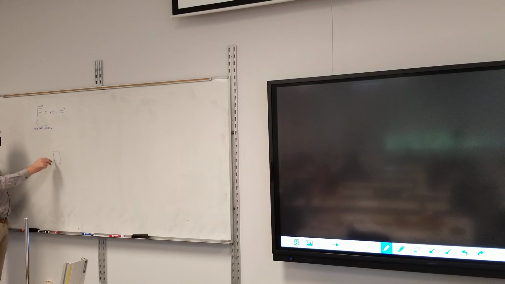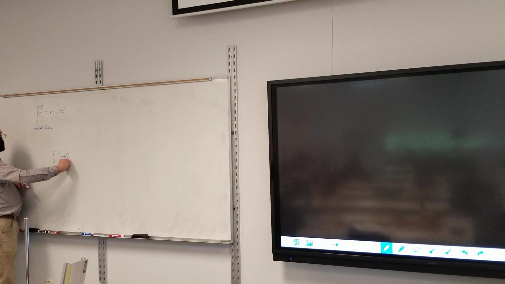So if I have an object right here that is moving in that direction, so velocity is in that direction, if I push on it that way, the acceleration and the velocity will be in the same direction. Because if I push on it that way, the force is in that direction, therefore acceleration. It will speed up. If I push this way, it will slow down.